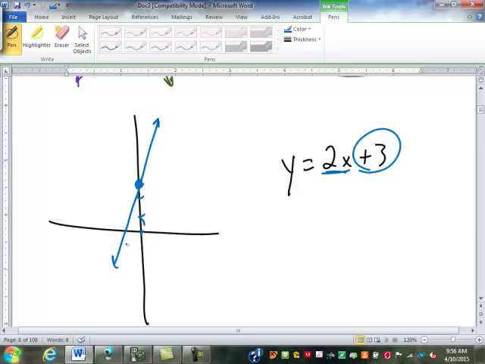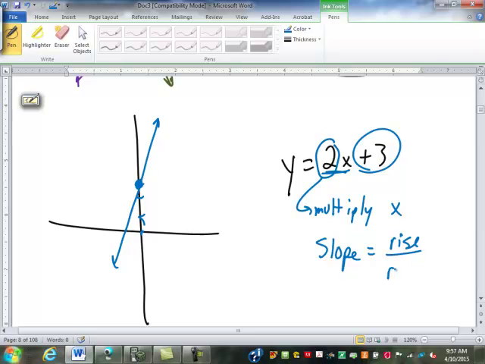So the question is, how do we get it exactly the right steepness? How do we use that? Well, this number here that multiplies the x is what we call the slope. Slope is defined as rise over run. It's a ratio.